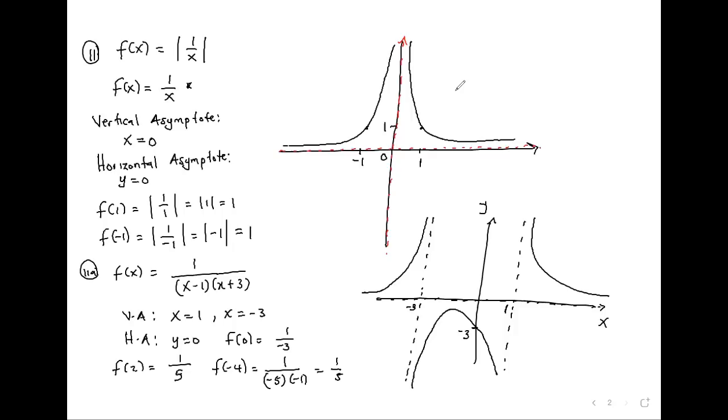The key thing for rational functions: you first find the vertical asymptote. Then you find the horizontal asymptote. Then you start picking numbers bigger than the vertical, less than the vertical, and less than the other vertical.